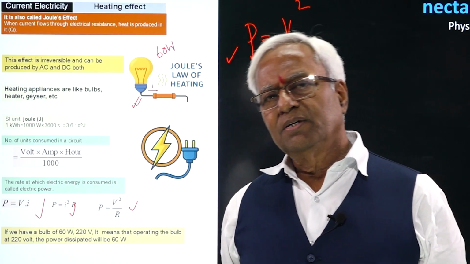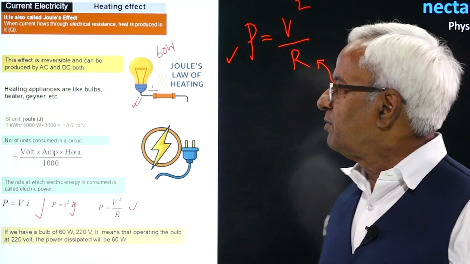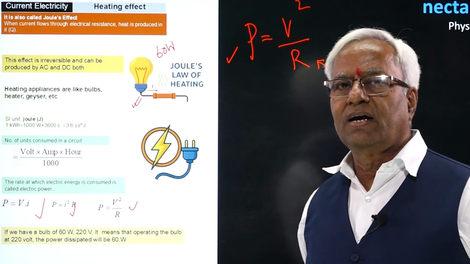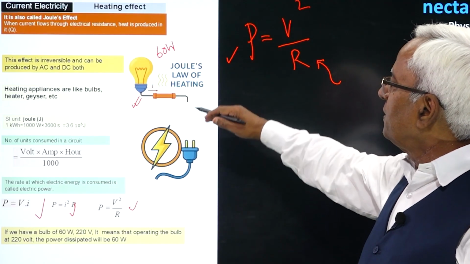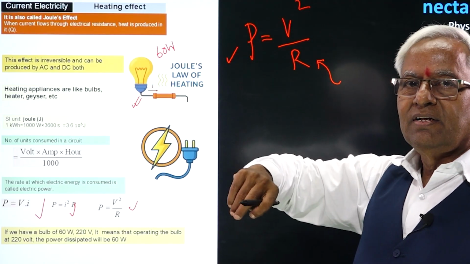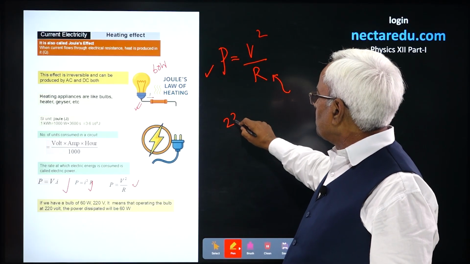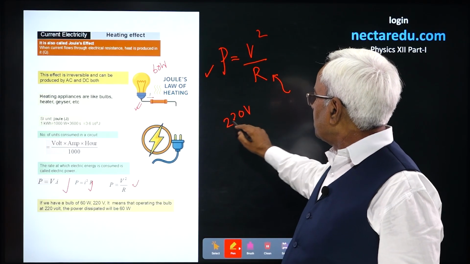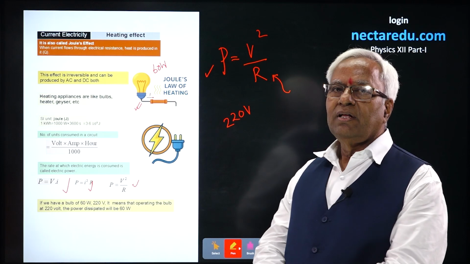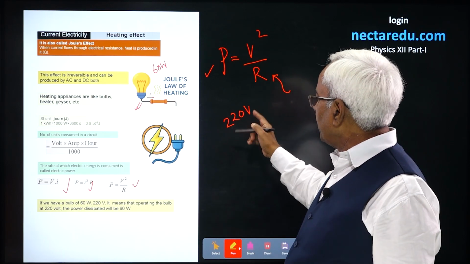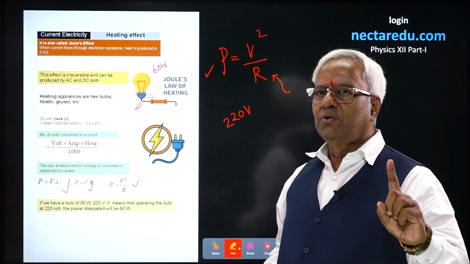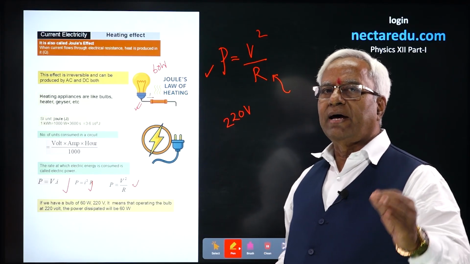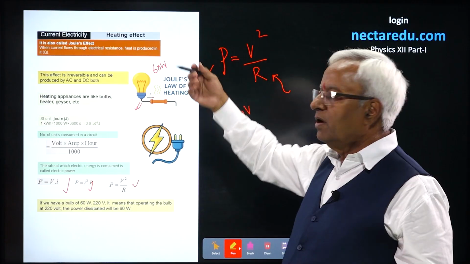He won't ask, it is understood. It is a common convention that all the domestic appliances are meant for 220 volt. So, you are demanding 60 watt, it will be understood that the bulb is at 220 volt, and it also carries the meaning that when the bulb will operate at 220 volt, the power consumed by it will be 60 watt.